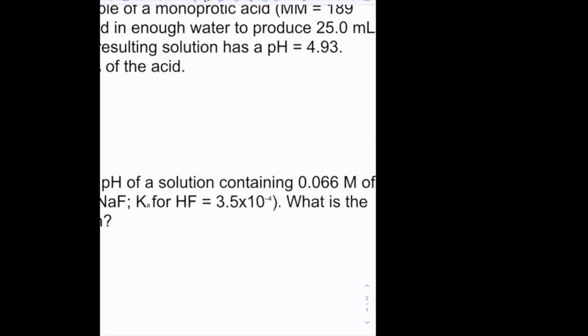We have 0.272 grams. And then we have that 1 mole is 189 grams, which ends up giving us a total number of moles of 0.00144 moles.